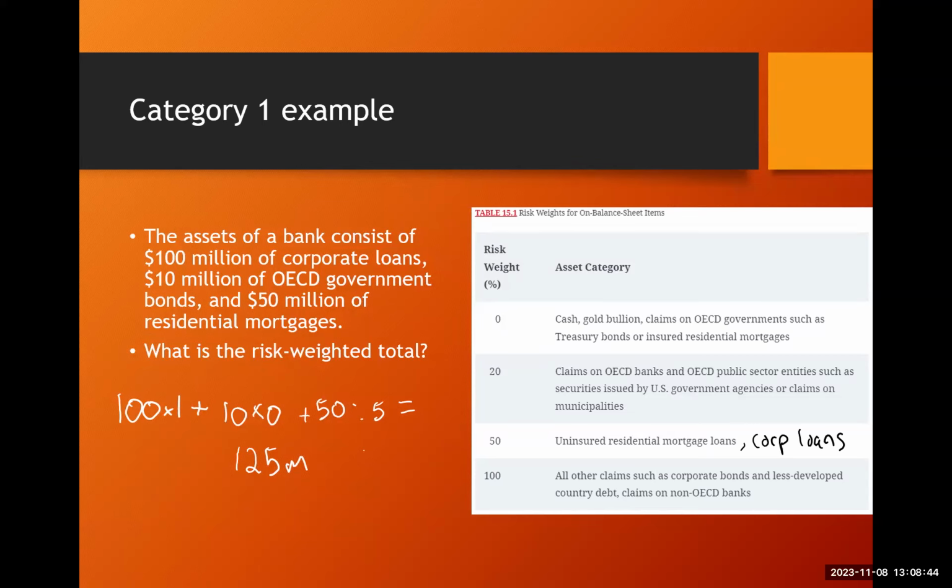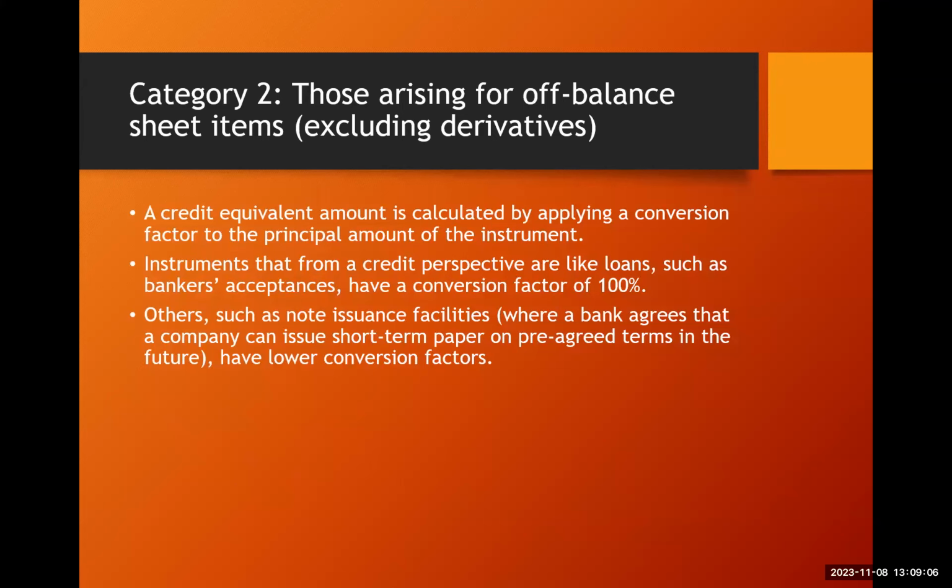There's a 0 weight for government bonds, and there's a 50% weight for residential mortgages. That doesn't involve the next category, because the next category deals with off-balance sheet items.